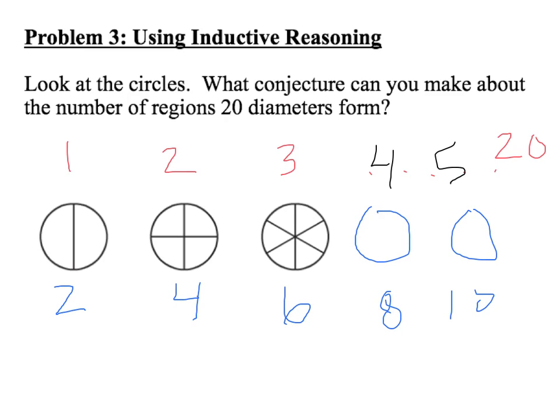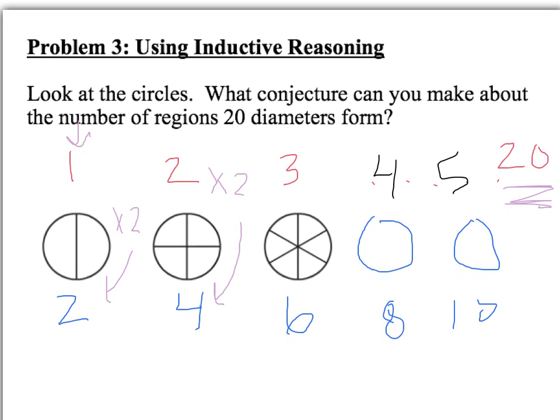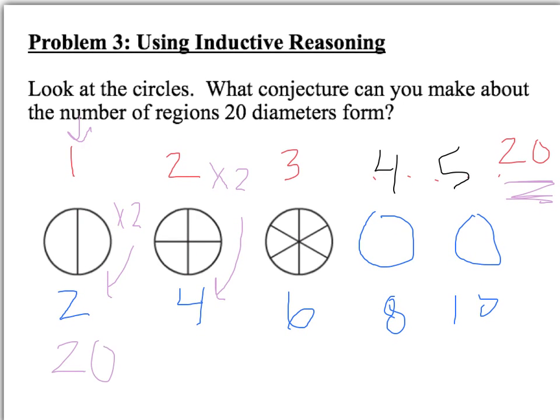Now if I look at my terms and the number of sections I have, I can see that another way to think about this, the term is being multiplied by 2. That's why I got 2 below. The second term is multiplied by 2, and I get 4. So if I want to figure out how many spots or sections would be in my 20th term, I could say in my 20th term, there are 40 regions.